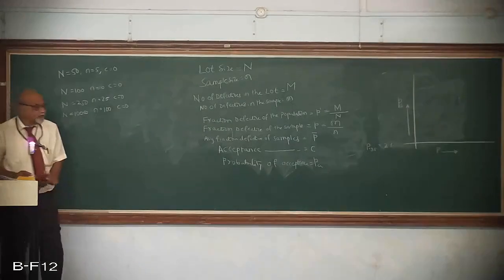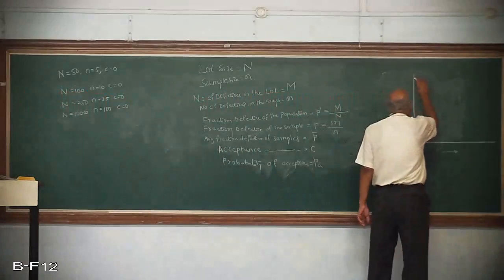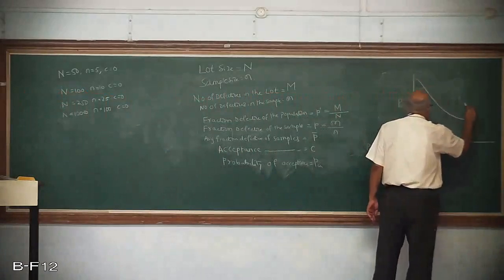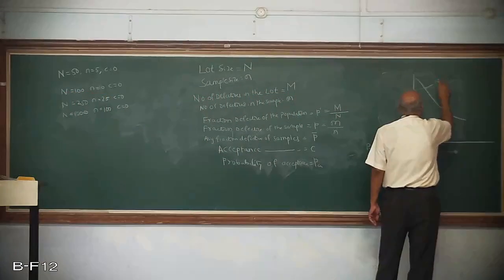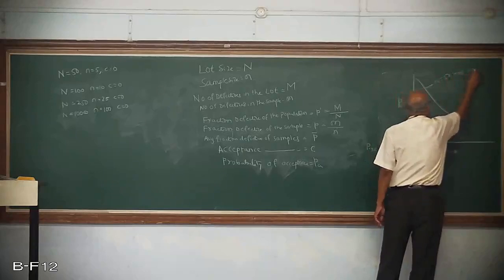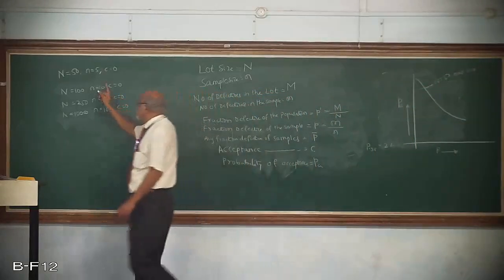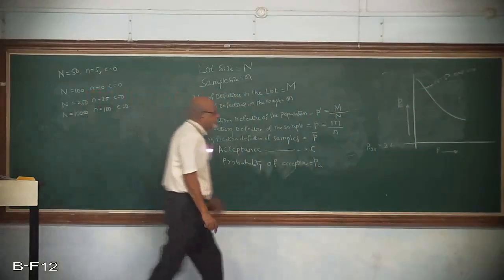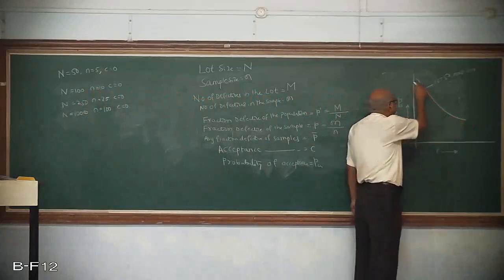Say for example, if I look at this one, it might be behaving like this. Let us say this is capital N equal to 50, small n equal to 5, and C equal to 0. What about this one, N equal to 100 and the other values? Does it again work out the same? No, it will behave like this.